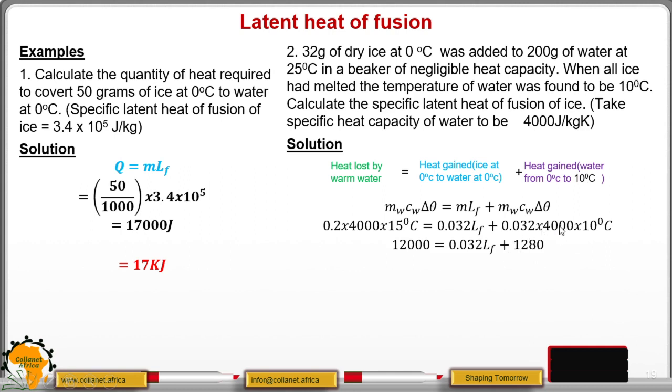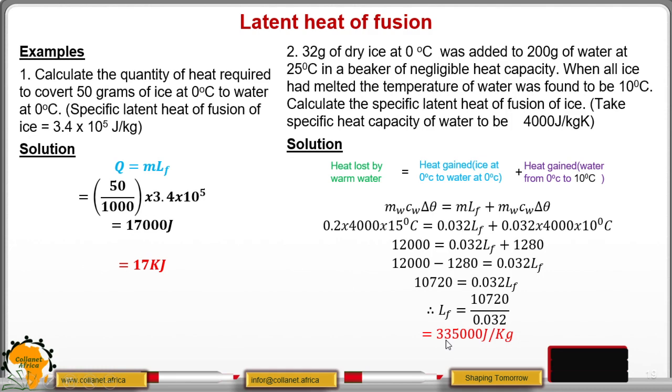When you multiply all this, you get 1,280. This becomes 0.032 LF, and this becomes 12,000. Now, you take this on this side, you subtract to get 10,720. To get this, you divide through by 0.032, and when you divide, you get 335,000 joules per kg. That is now the specific latent heat of fusion of ice.